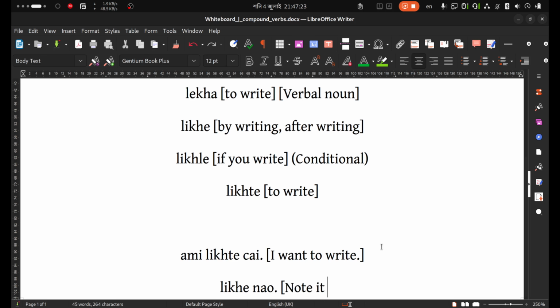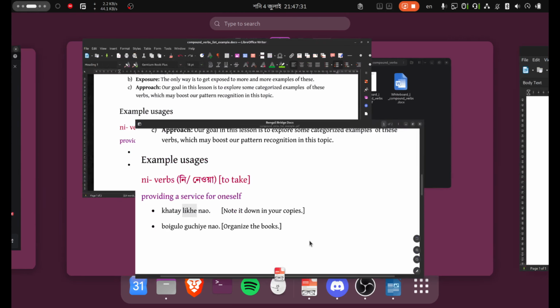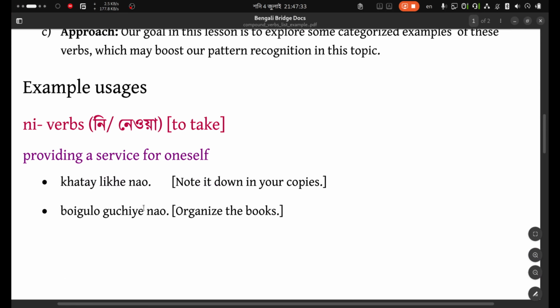Note it down for yourself. And the same thing we'll see in the next one as well. বইগুলো গুছিয়ে নাও, বইগুলো গুছিয়ে নাও.